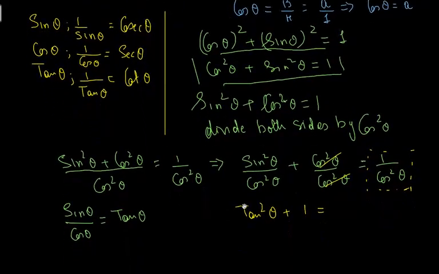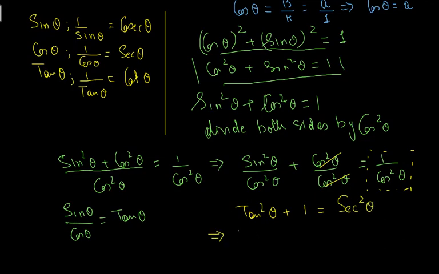So what will this equation become? This is 1 over cos square theta. So 1 over cos is what? 1 over cos is secant theta. So this will become secant square theta.